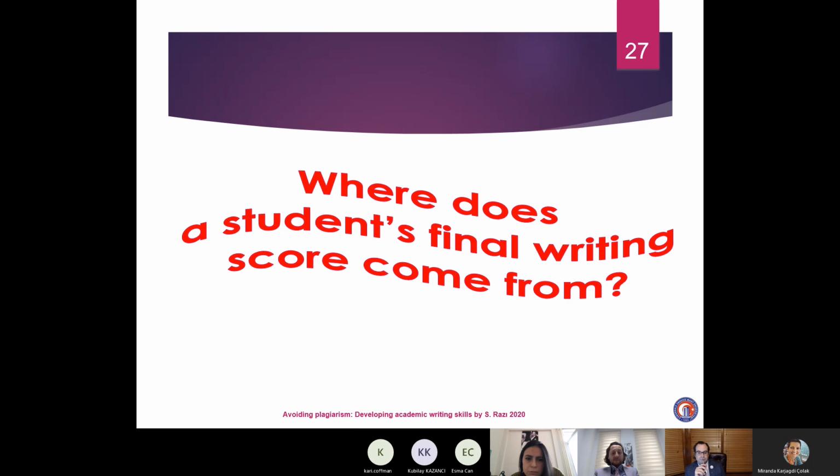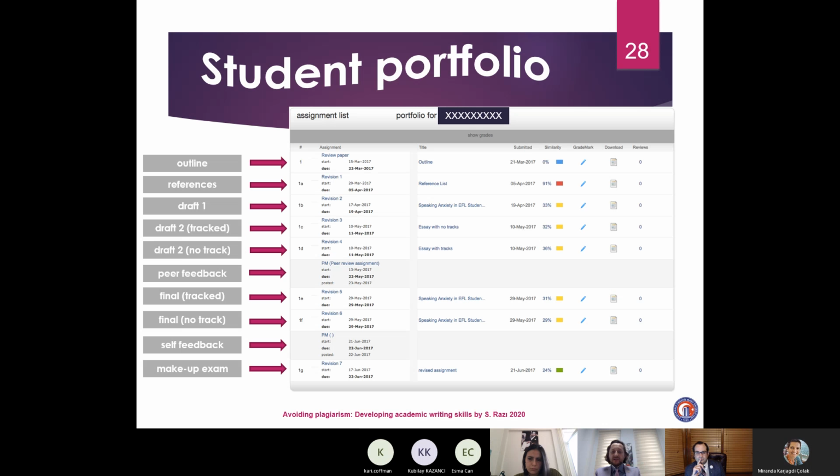Now, to show this better to you, I'd like to illustrate where a student's final writing score for the course is coming from. So I take several issues. We said that this is process writing, and I take several issues into consideration. This is the student's portfolio, for example, throughout the semester.